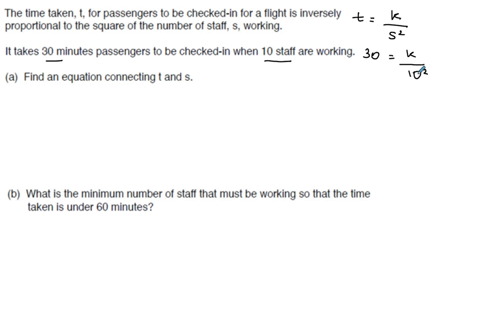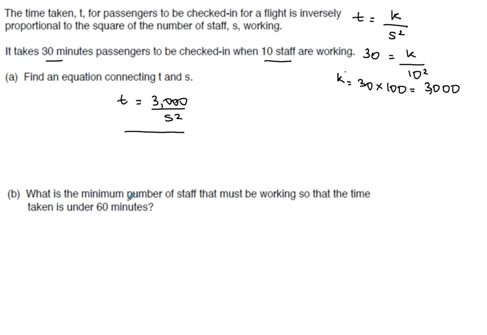So k will be that times that. So k is 30 times 100, which is 10 squared, so you've got 30 followed by 2 more zeros, so it's 3,000. So we have to find an equation: T equals 3,000 divided by S squared. So that's our equation.